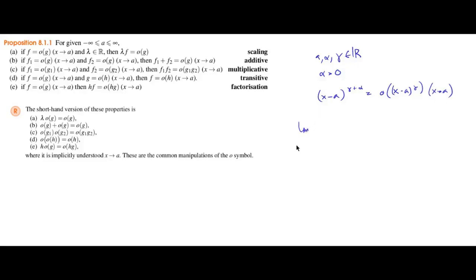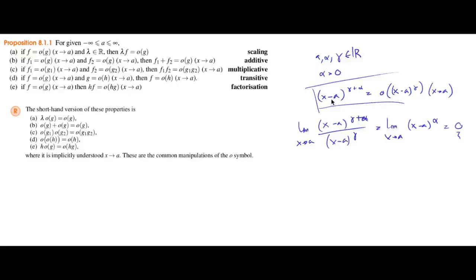Because the limit when x goes to a of (x minus a) to the gamma plus alpha divided by (x minus a) to the gamma is just the limit when x goes to a of (x minus a) to the alpha. But alpha is greater than 0, so the limit of this polynomial, in this case, is going to be 0. Okay.